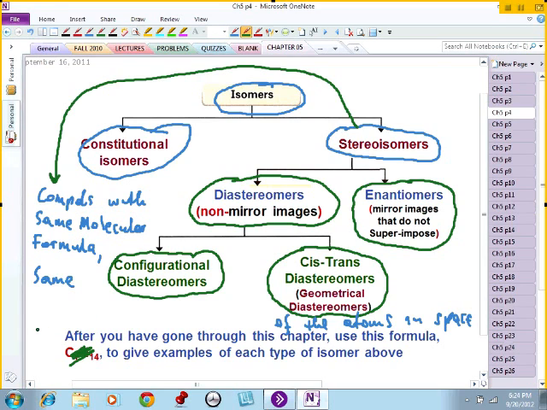You should be able to take any kind of formula, for example this kind of formula here, and give an example of each one of these types of isomers using this formula, or using any formula. In other words, if you have an exam in which we give you a formula and say, give an example of each one of these isomers using this formula, you should be able to do that at the end of this presentation.